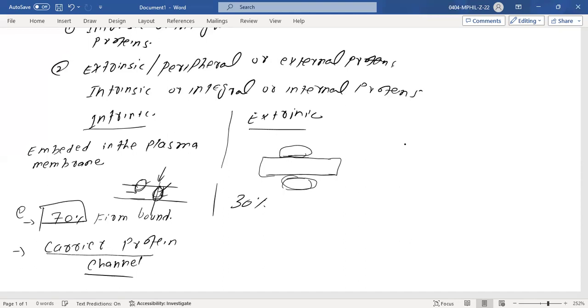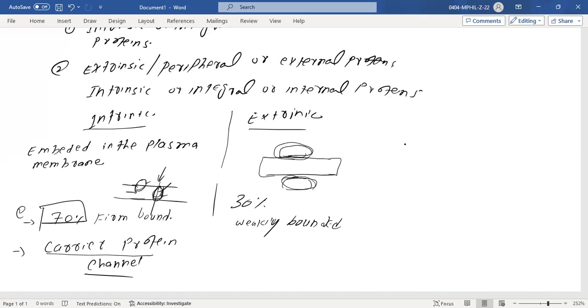But in case of extrinsic proteins, these are weakly bound with the plasma membrane because they are present either outside or inside. You can differentiate here. If it is a protein present here, it is very weakly bound from outside, and only a very small part of it is attached to the plasma membrane.